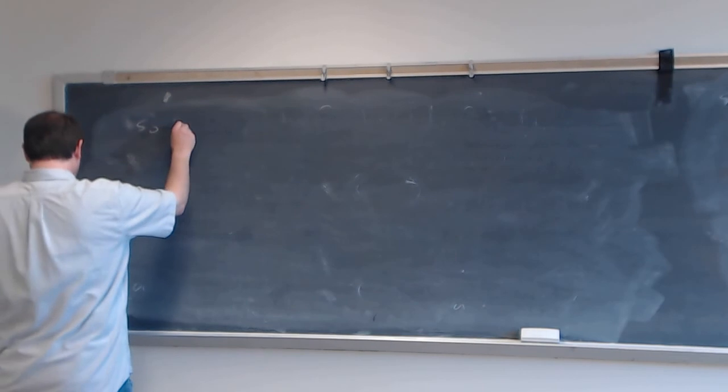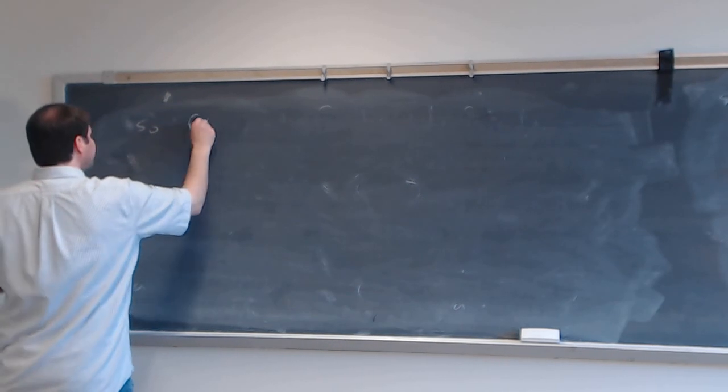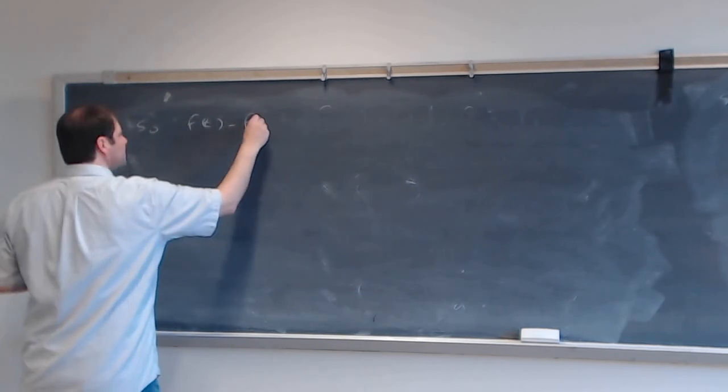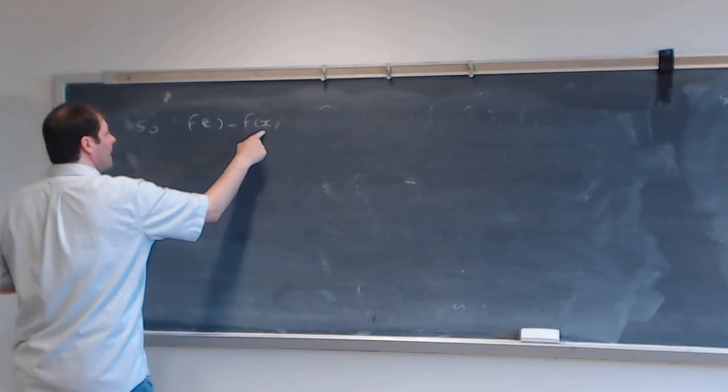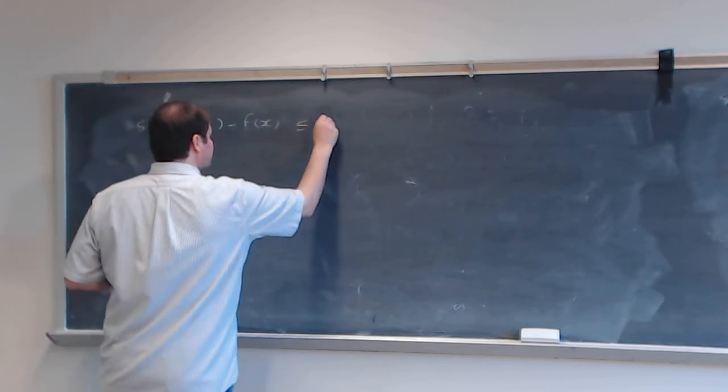So f of t minus f of x, the smaller one minus the bigger one, is less than or equal to 0.